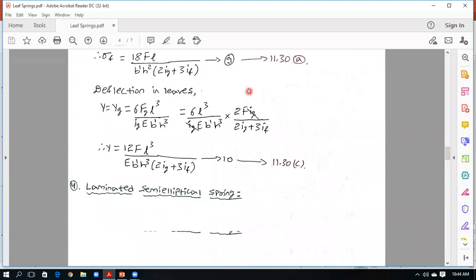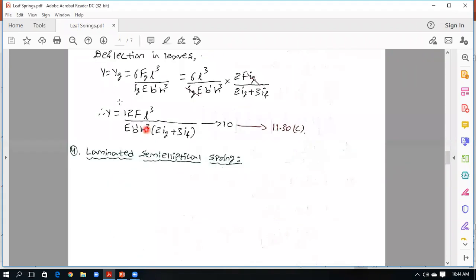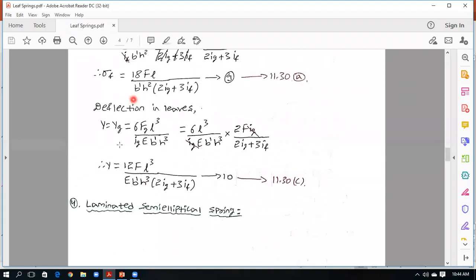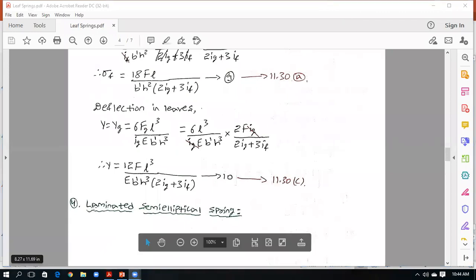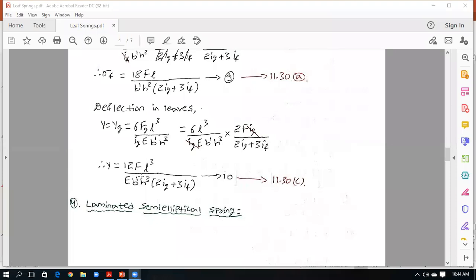In this case I will be taking it from equation 2, and substitute the value of F_g. After substituting the value of F_g, you will get the deflection y. This is there in your data book, 11.30c.